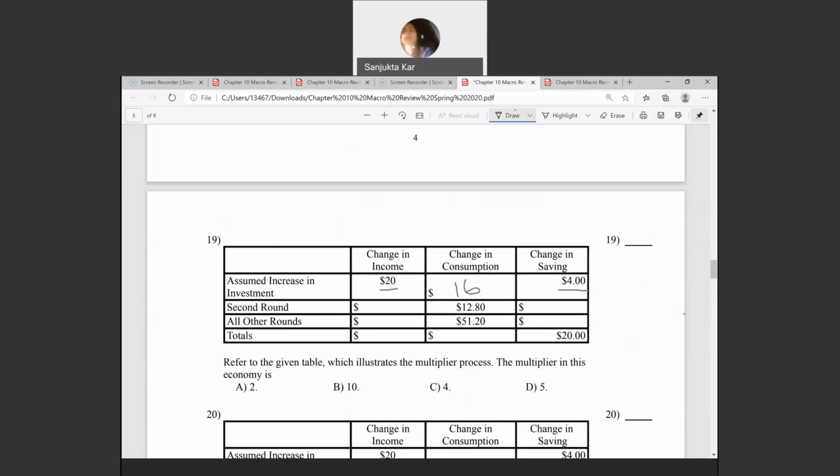So the MPC is equal to 16 over 20, which is 0.8. But they're asking us to find the multiplier, which is 1 over 1 minus MPC. That is 1 over 1 minus 0.8, 1 over 0.2, which is equal to 5. That's the answer to this question. Remember the difference between MPC and the multiplier.